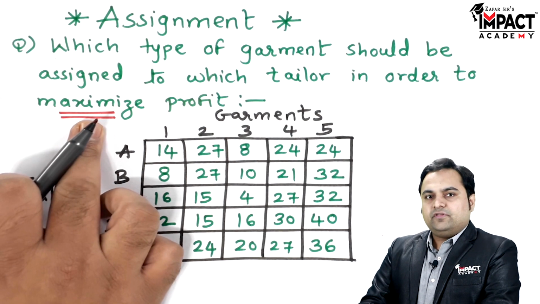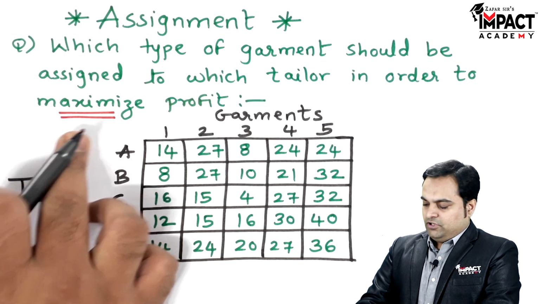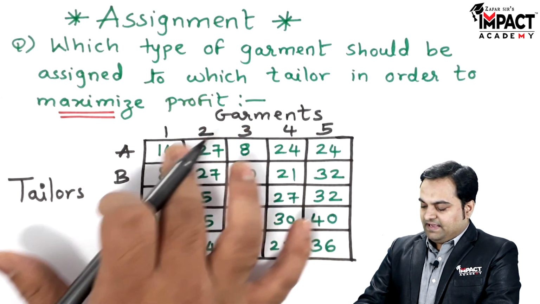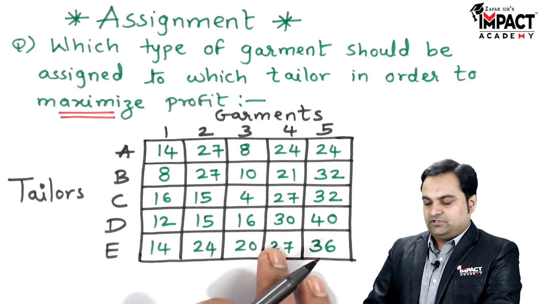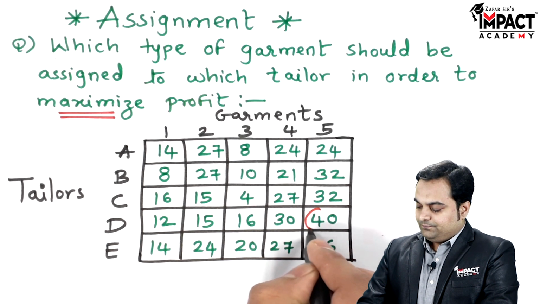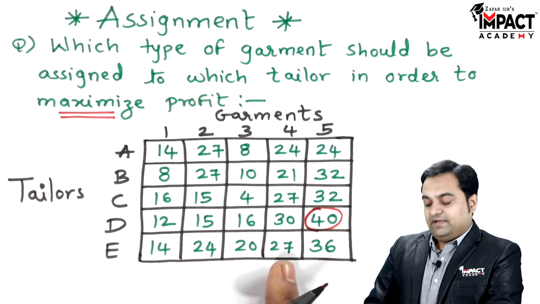So here the aim is of maximizing the profit, so we have to convert it into a minimization problem, and for that select the maximum value from this matrix. So we can see that the maximum value is 40.